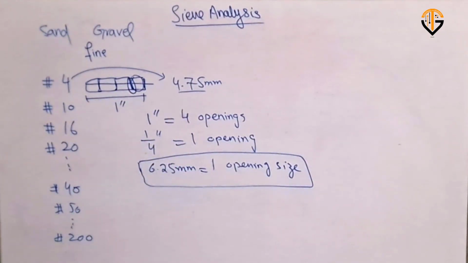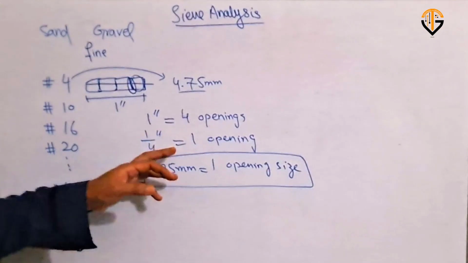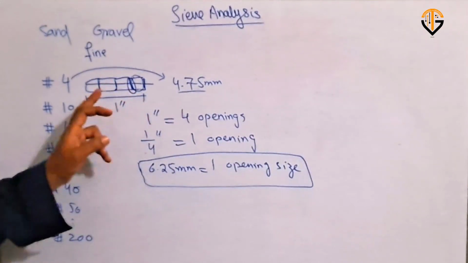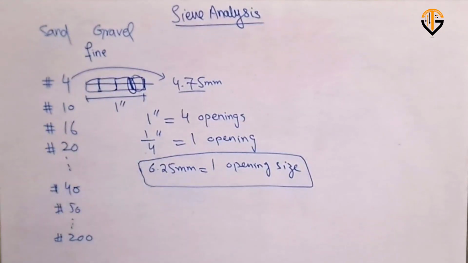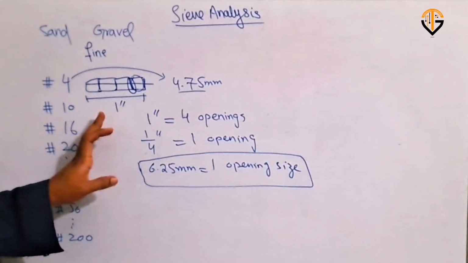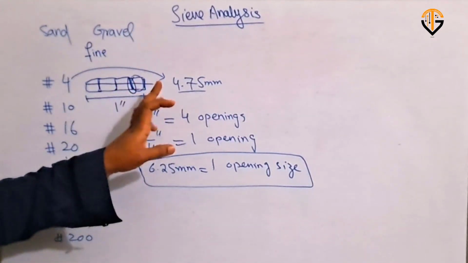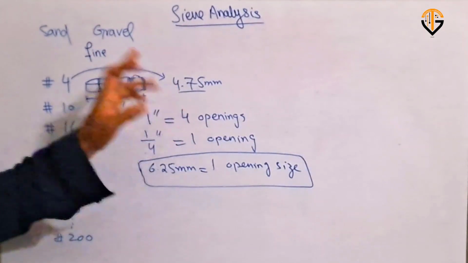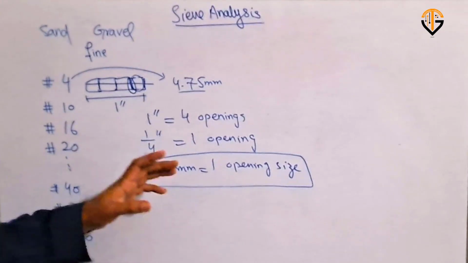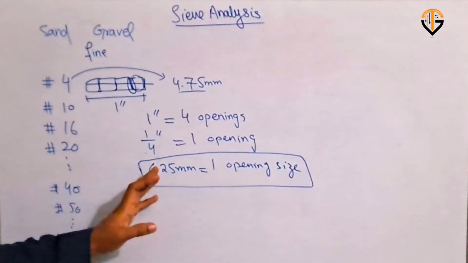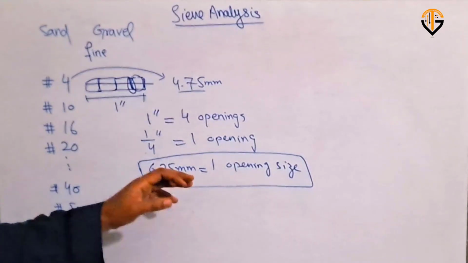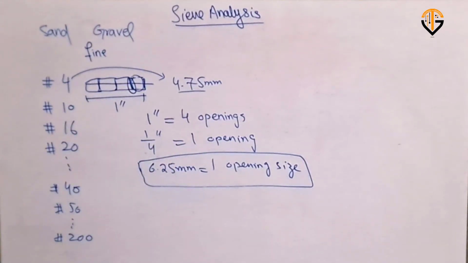We cannot apply this calculation to every sieve because the size of mesh changes for every sieve. Therefore, we define that the size of clear opening of sieve number 4 is 4.75 mm, not 6.25 mm.